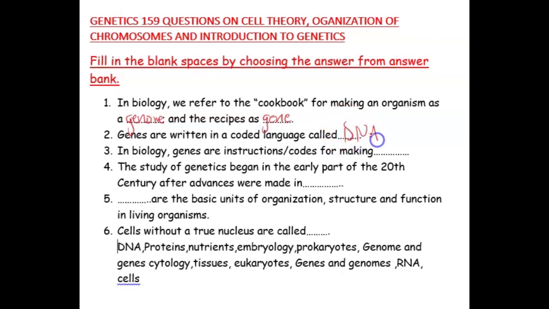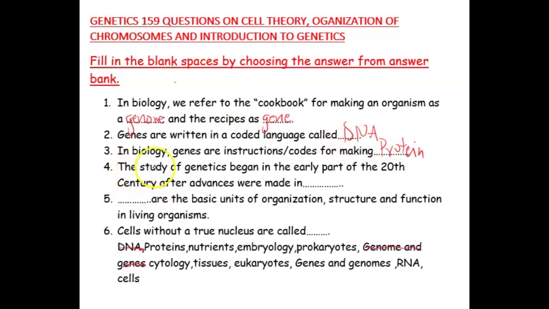Number three, in biology, genes are instruction codes for making what? Protein. So we learned that in biology, genes are instruction codes for making protein. So the answer for this one is protein.